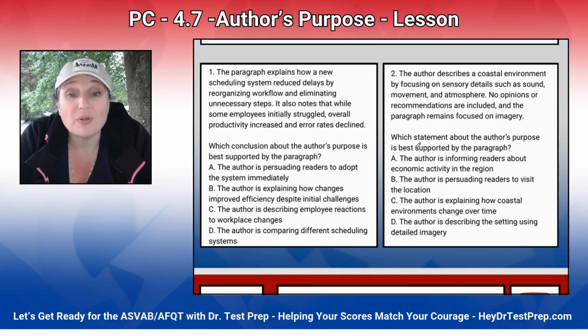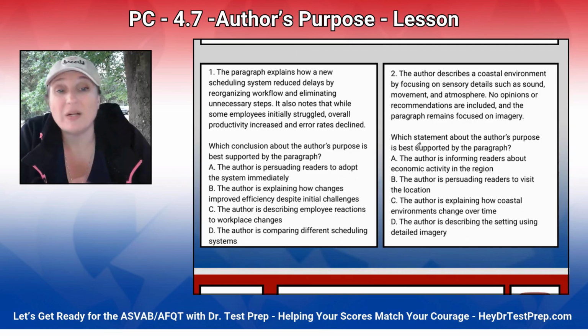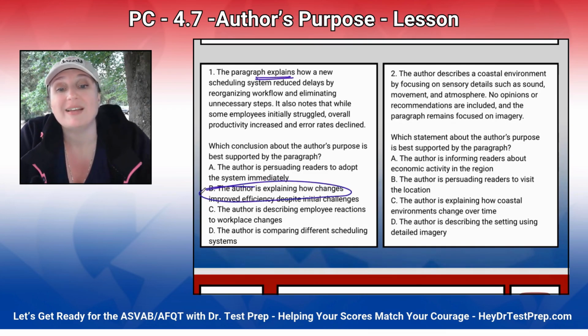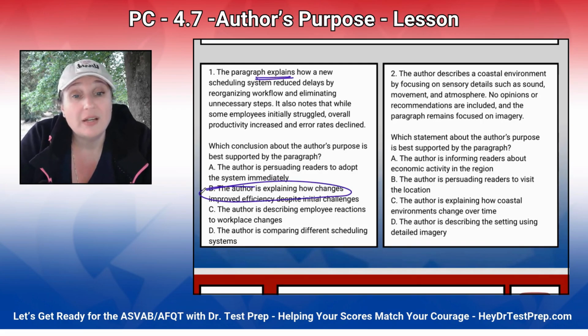So, is the author persuading readers to adopt a new system? Well, the author is explaining, so I wouldn't say that that's the best answer. The author is explaining how changes improved efficiency despite challenges. Yes. It's not describing reactions, that wasn't part of it, and it's not comparing systems.